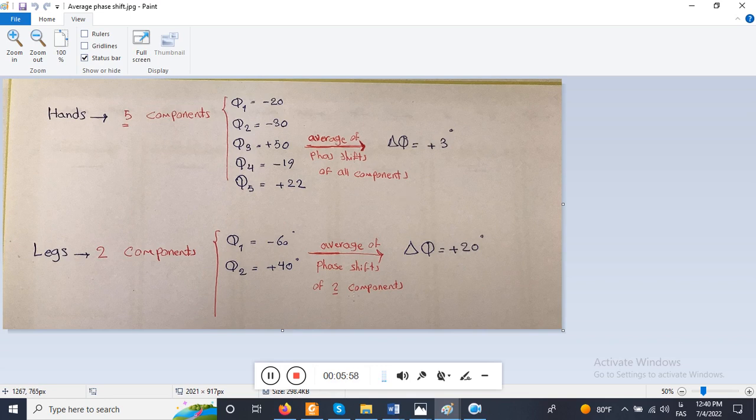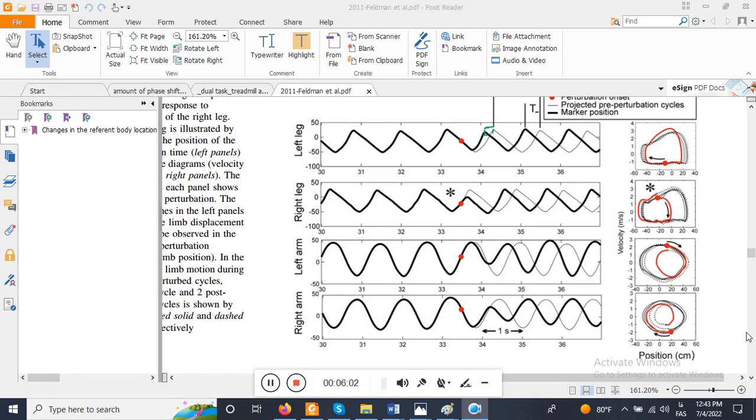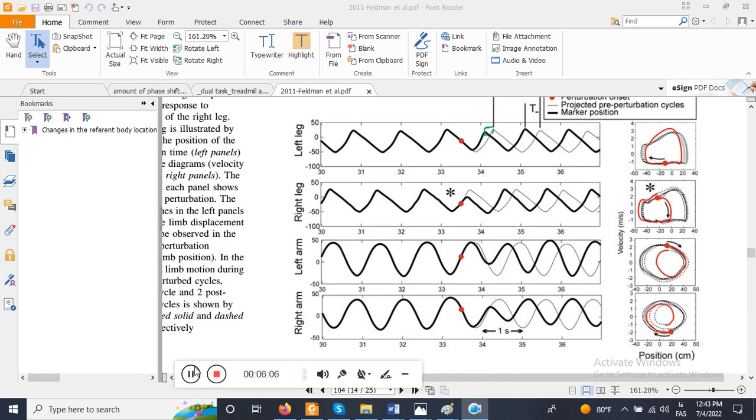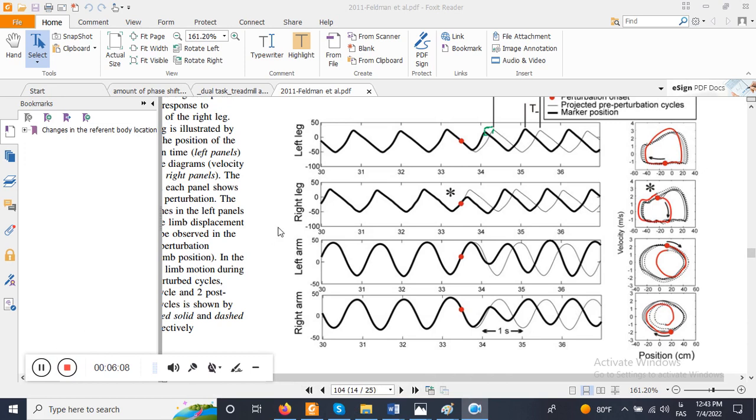In your paper, it seems that in your study the phase shift is calculated only for one frequency, one component, maybe the component with the least amplitude or with the least frequency.